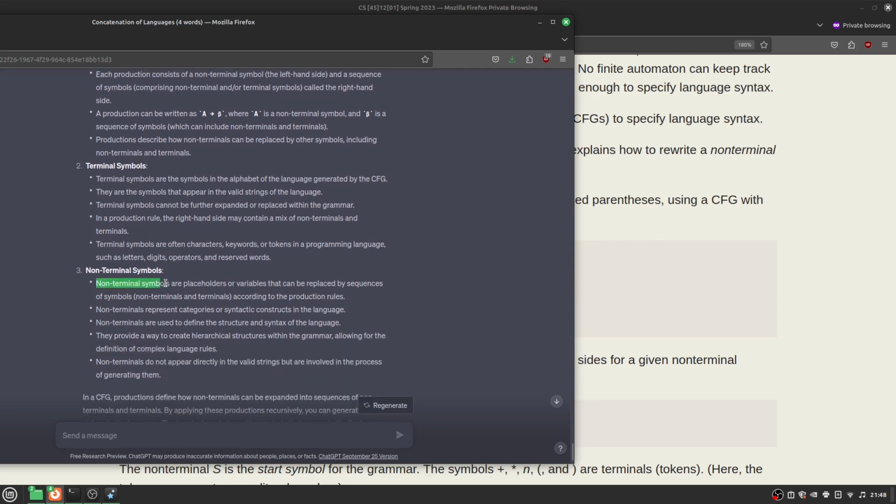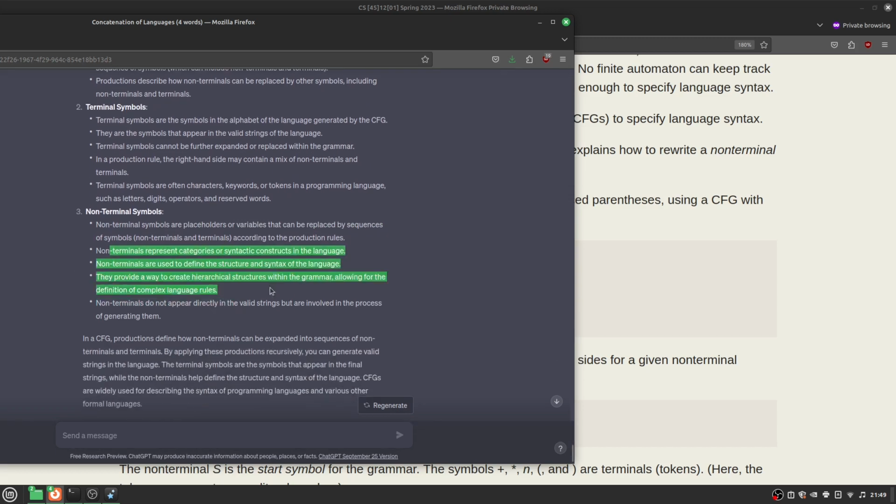Non-terminal symbols, what are they? Placeholders or variables that can be replaced by sequences of symbols according to the production rules. Non-terminals represent categories or syntactic constructs in the language. Non-terminals are used to define the structure and syntax of the language. They provide a way to create hierarchical structures within the grammar, allowing for the definition of complex language rules.